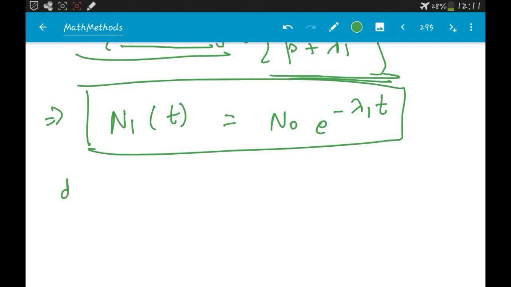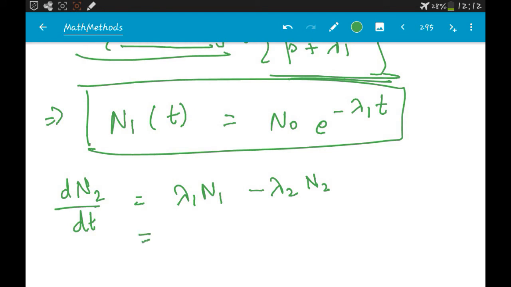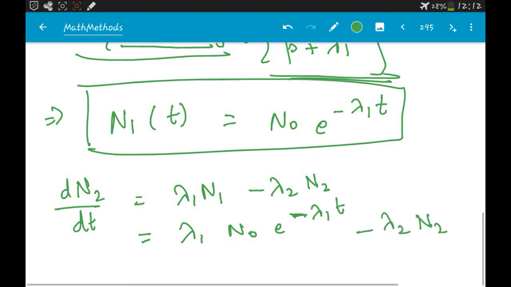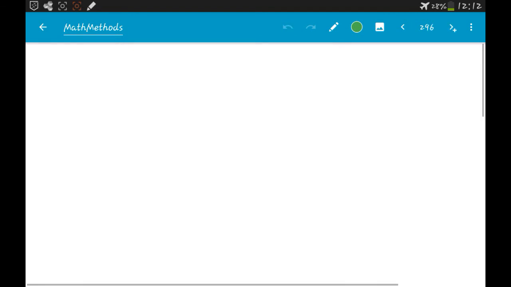Now let's do it for n2. We had dn2 by dt is equal to lambda 1 n1 minus lambda 2 n2. And n1 is n naught e power minus lambda 1 t, so let's substitute that.